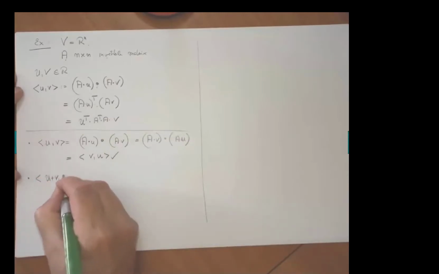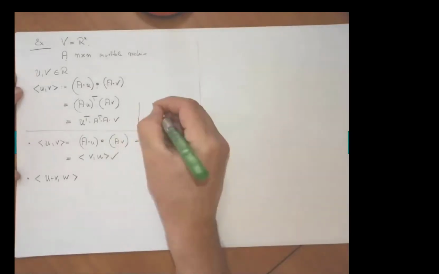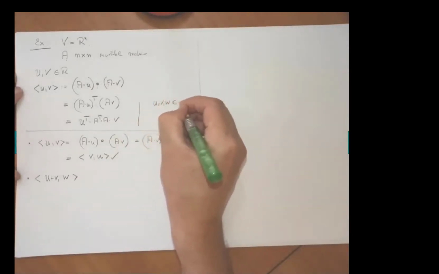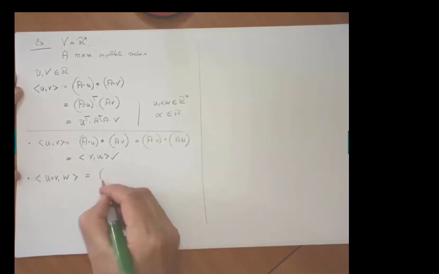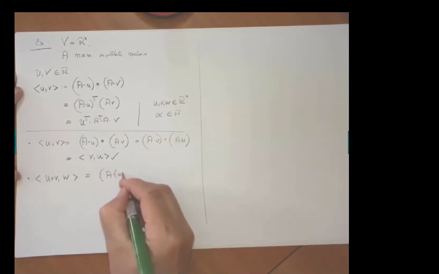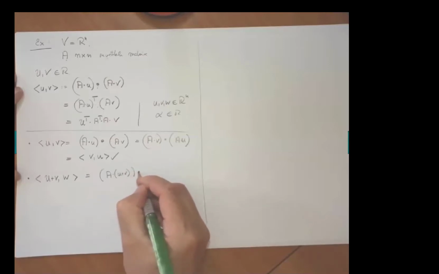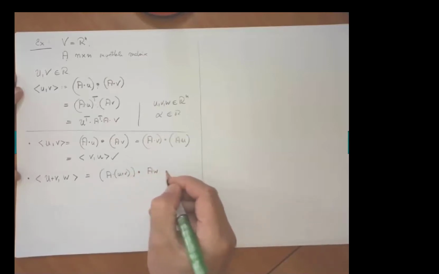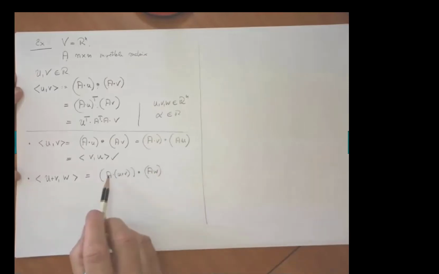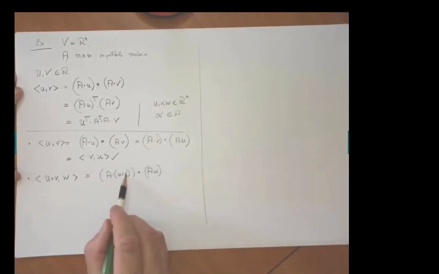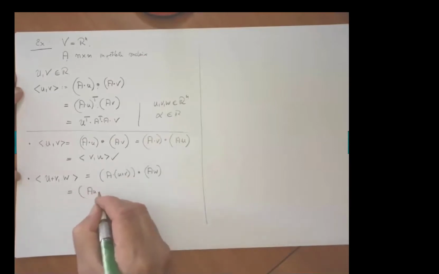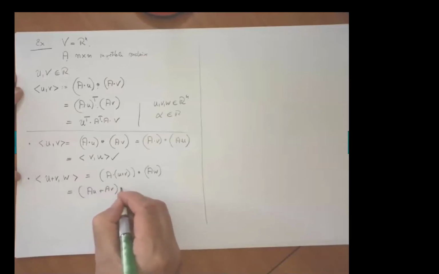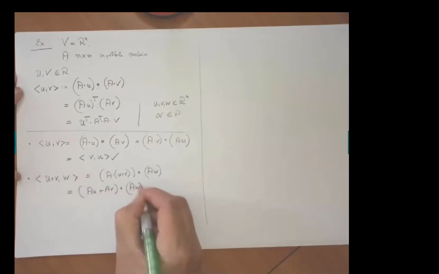So it turns out this is the same as v comma u. So that's good. Part 2 is u plus v comma w. So I should say also here u, v, and w are in Rn, our vector space. And then later on alpha is in R. Then this is the same as A times u plus v dot Aw. Matrix multiplication distributes, that's our section, I think it was 1.4. So this is Au plus Av dot product Aw.